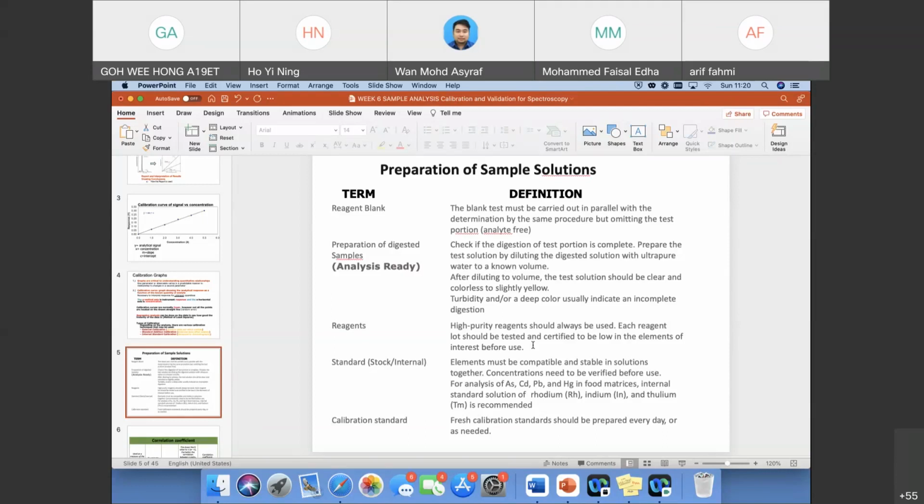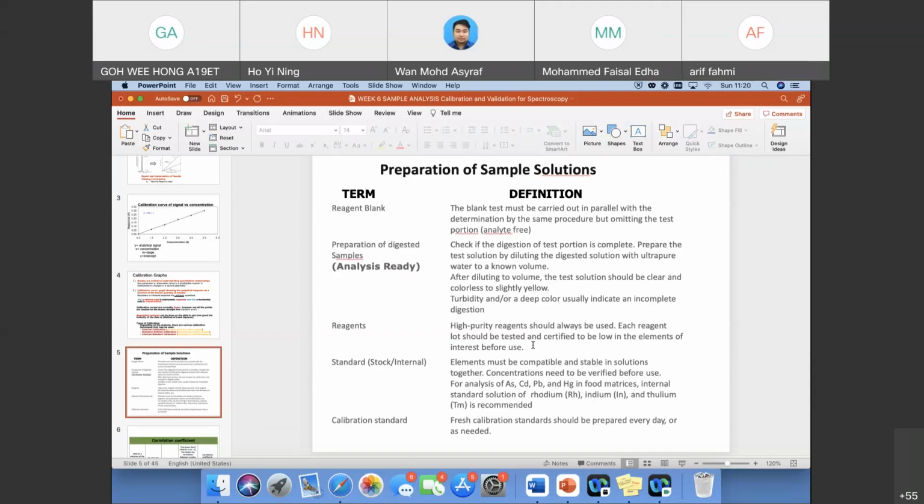All right. So, what are the standard stock or internal solution? Standards are usually something that we have bought. Usually standards are sold at about 1000 ppm. That is your standard stock. We usually use this standard to create your calibration curve later on.